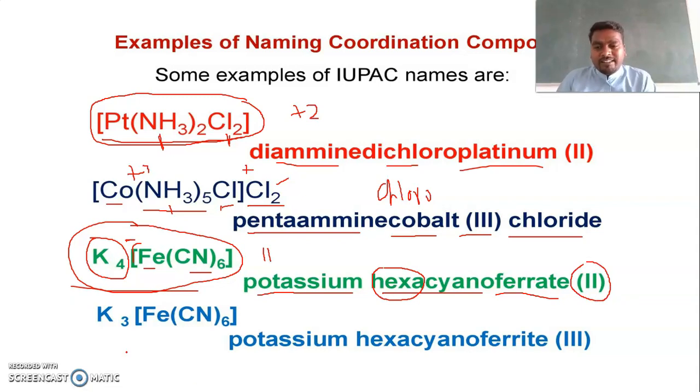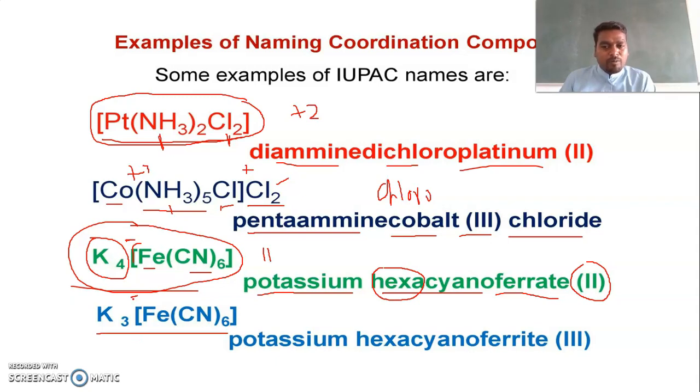Okay, next come to this complex. Both are the same, but the only difference is that here 4 potassium atoms are present, and here 3 potassium atoms. Why? Because here the oxidation state is +2 and here the oxidation state is +3. So this is also an anionic complex, and there are 6 ligands.